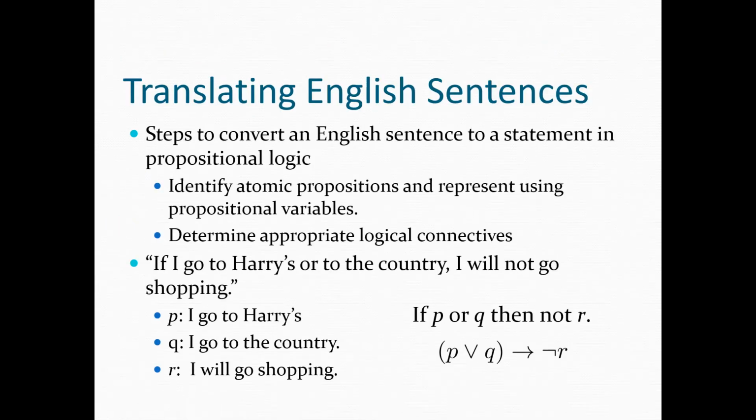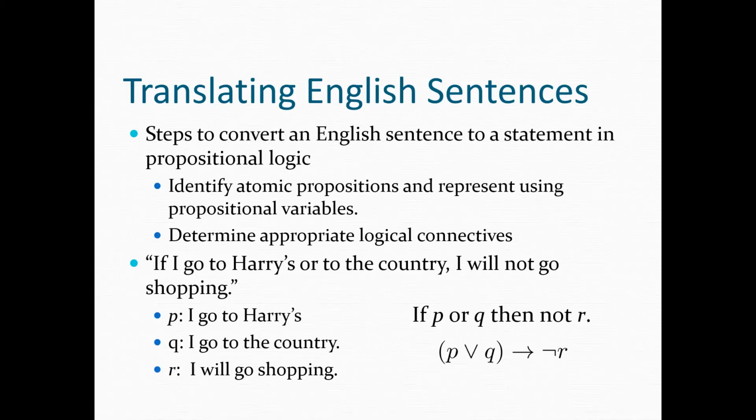First of all, translating English sentences. The steps to convert an English sentence to a statement in propositional logic are the following. First, we have to identify atomic propositions and represent them using propositional variables.